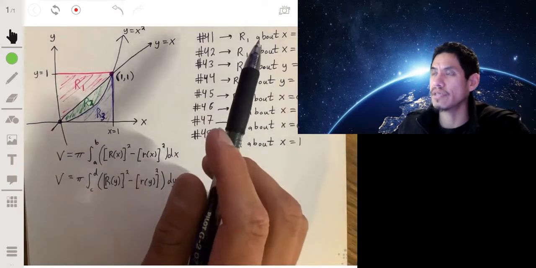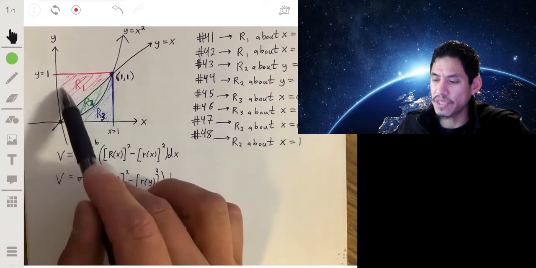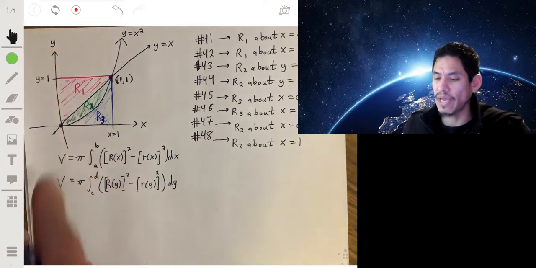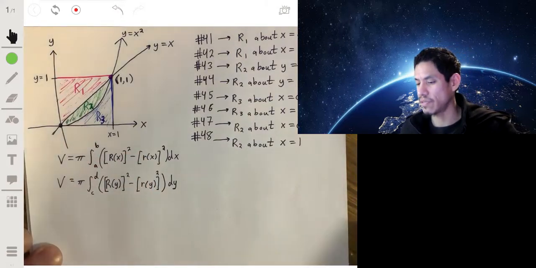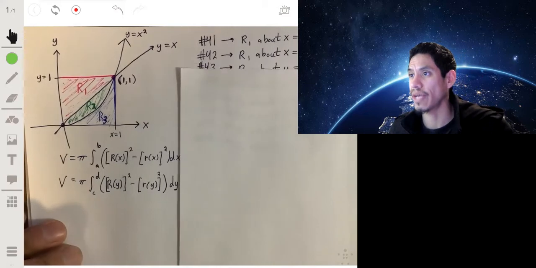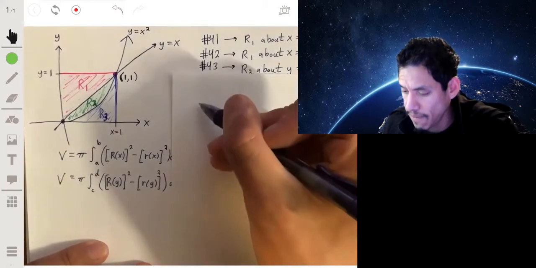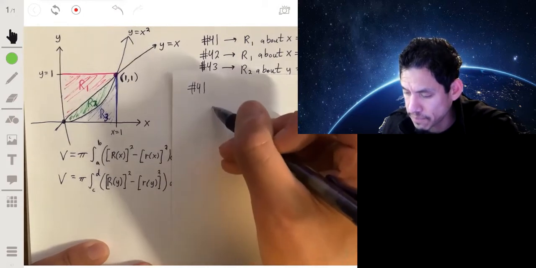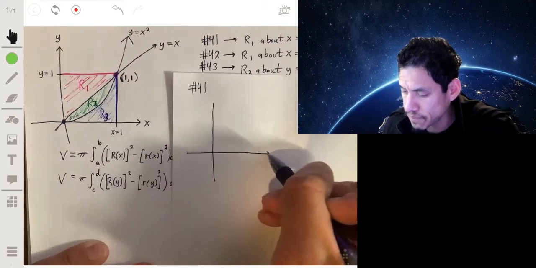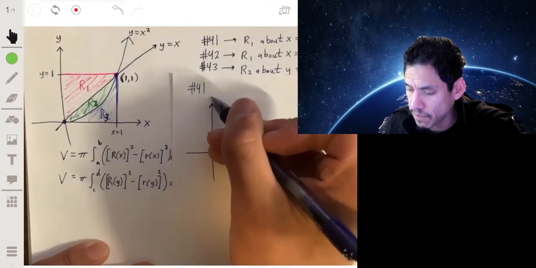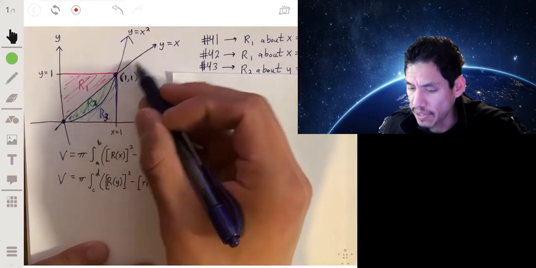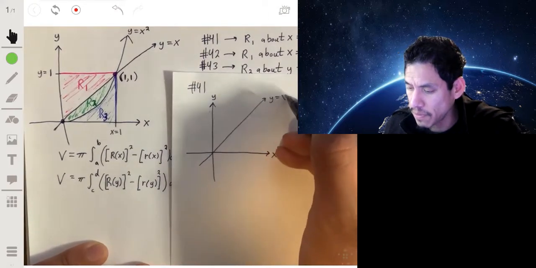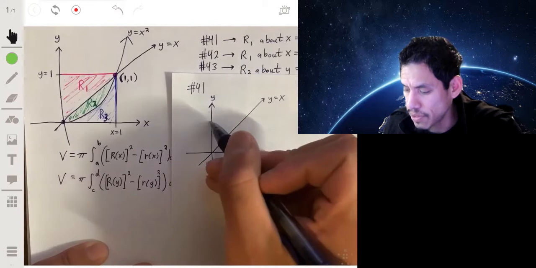So we're going to rotate R1, this pink region, about the line x equals 0. So we're going to rotate it about the y-axis essentially. So let's draw a little sketch of what that can look like. So R1 is bounded by the line y equals x, and on top we have the line y equals 1.